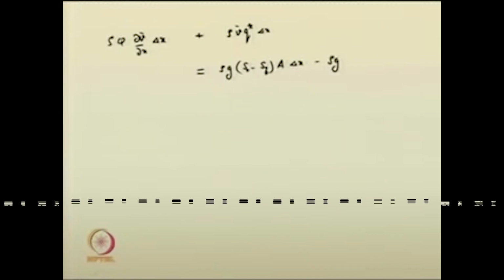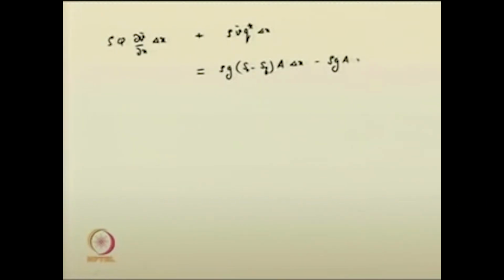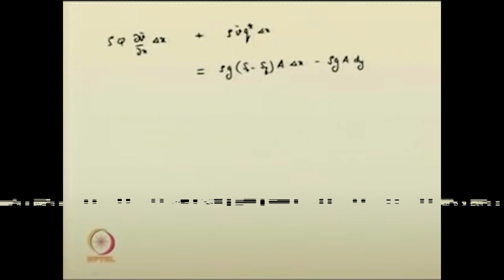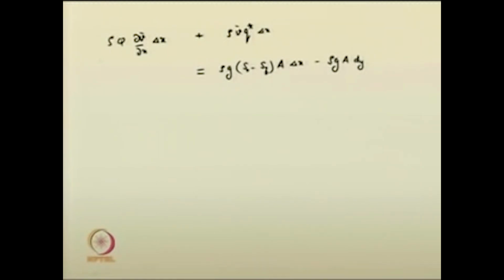So, we will get the following expression: rho Q dou v bar by dou x into del x plus rho v bar Q star del x is nothing but equal to rho g (S_0 minus S_f) A into del x minus rho g A into dy. You can easily take rho out, as you are dealing with an incompressible liquid.